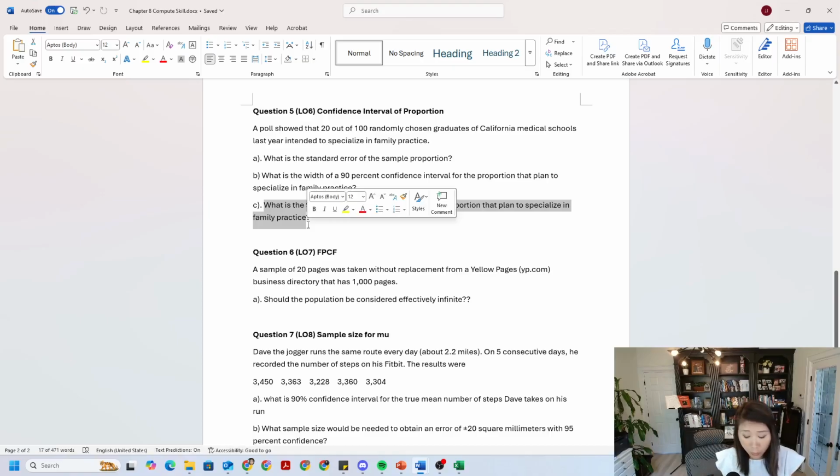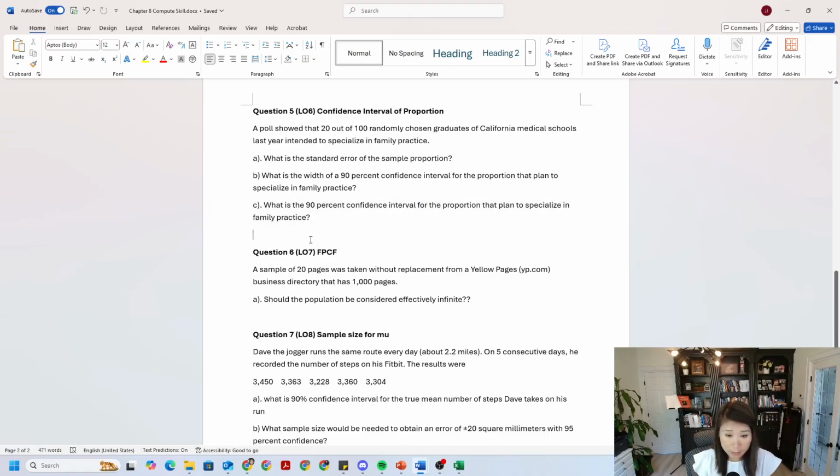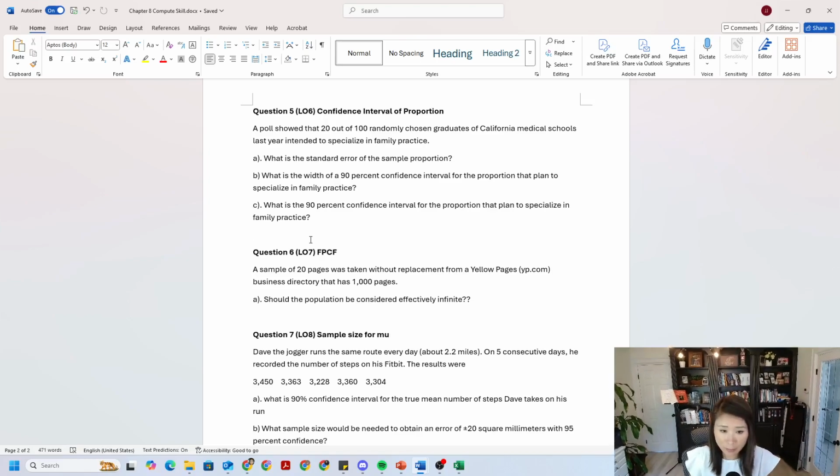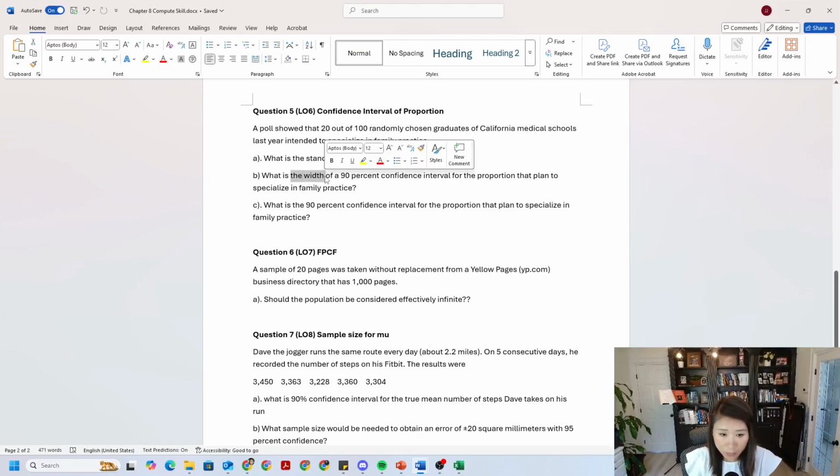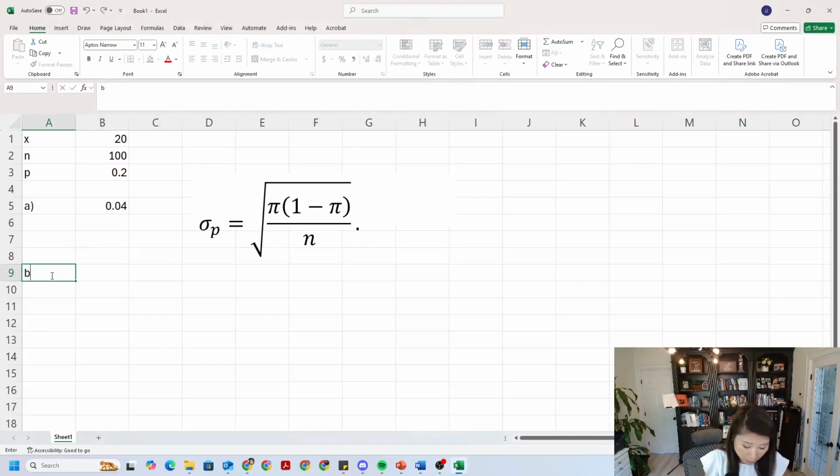I'm adding these two sub-questions because in your homework it looks a little bit confusing. They look very similar, but they are asking slightly different things. The first asks about the width, so how wide my confidence interval will be. The other is asking what exactly the lower and upper bounds should be. The formula we're going to use is the same, but the way we supply our answer will be slightly different. So B is about the width.